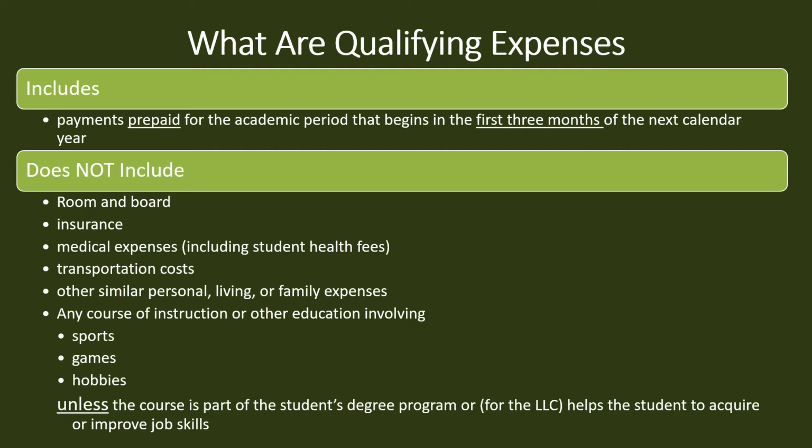So think of your community education. If it's not leading to a degree, or if it's not improving job skills, those classes do not count as qualifying expenses for our education credits.